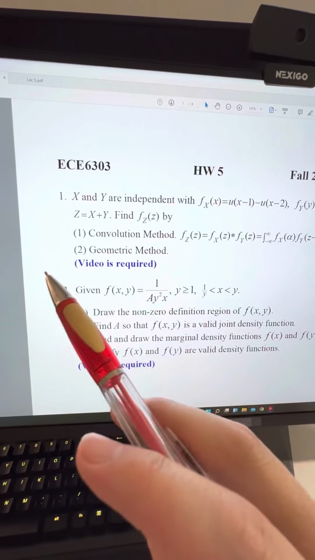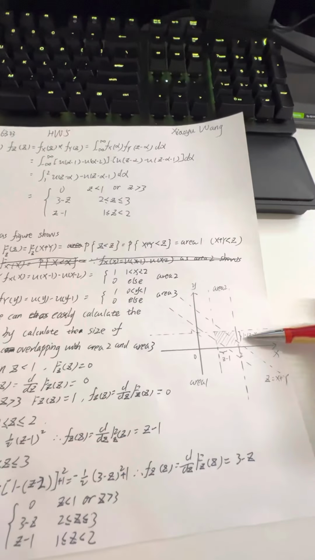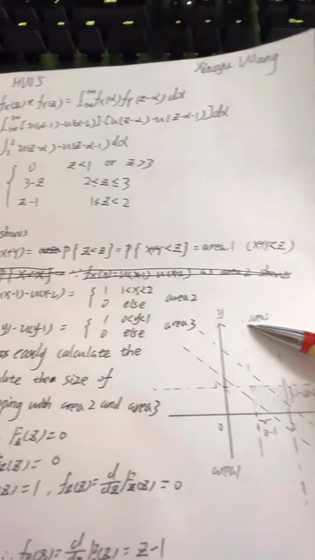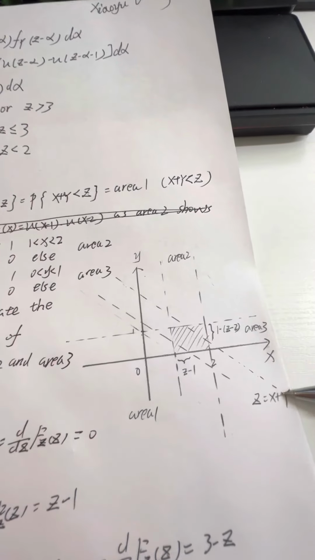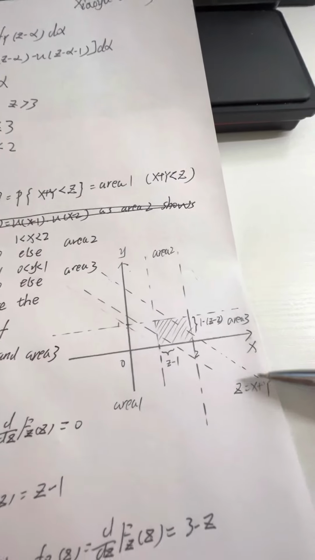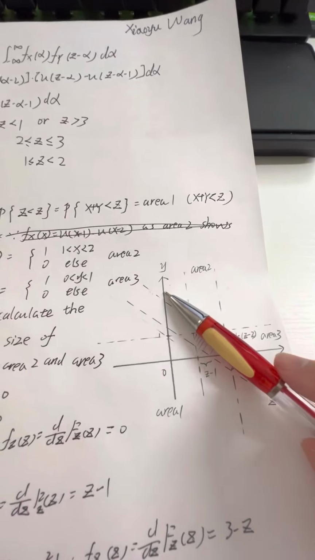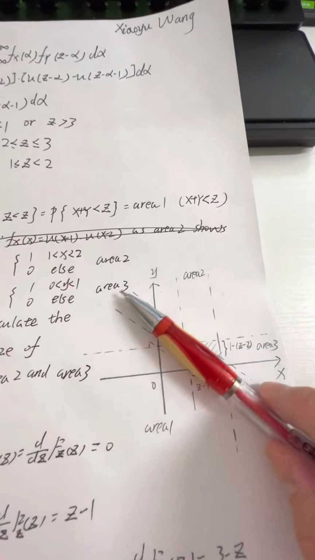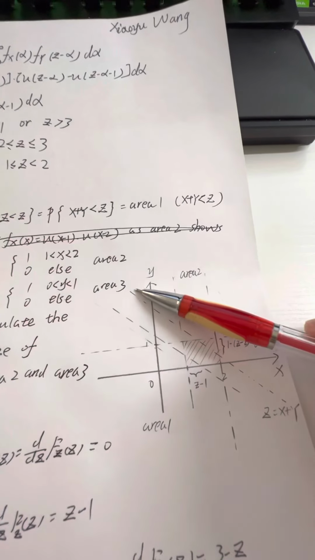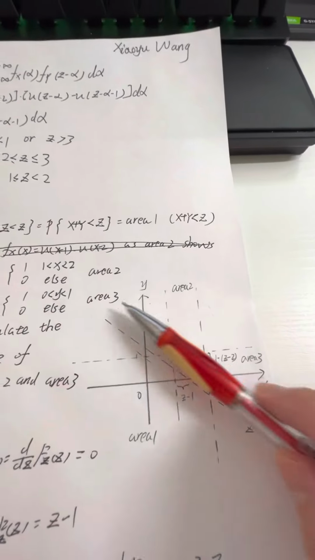For the second method, it tells us to use the geometric method. We can draw the figure like this. If we draw the line z equals x plus y, the probability is calculated by the area on the downside of this line.